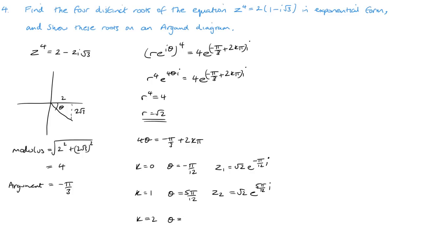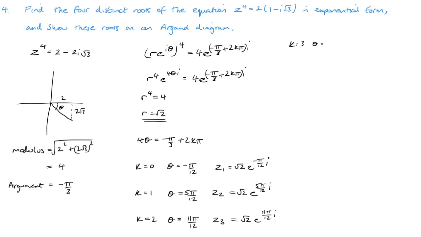k equals 2. So again, starting off with my minus a third pi, this time plus 4 pi, we get 11/3 pi, divide by 4, get 11 pi by 12, which is again within my range. So root 2 e to the 11 pi by 12 i. Now k equals 3.